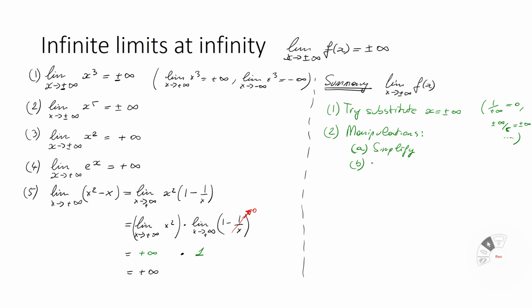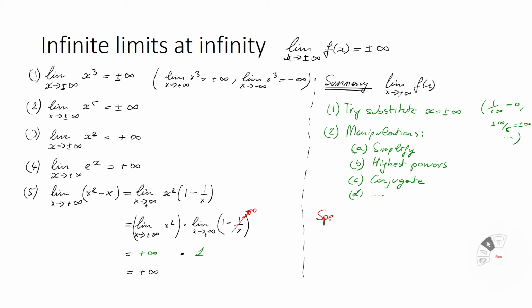There's also the trick of looking at the highest powers, and something that is always a good idea if you have square roots, multiply by the conjugate. This is not an exhaustive list, so there might be other things that you can do which allow you to make sense of the result, but that depends on the situation.